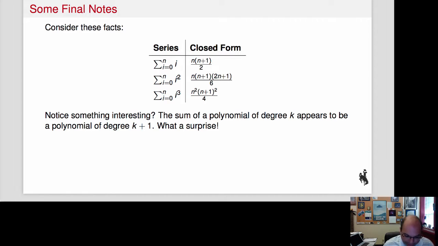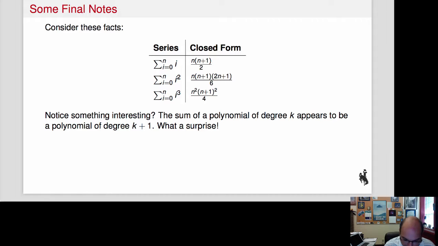But the big thing to notice here, which is fairly significant, is that when we add a monomial of degree 1, what we get is a polynomial of degree 2. We have n times n plus 1, that's n squared. When we're adding all the i squared terms, we get n times n plus 1 times 2n plus 1. So n times 2n, again, that's a cubic.